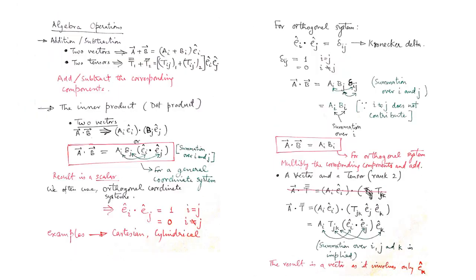Right. Now we move on to the various algebra operations. It's pretty straightforward: addition and subtraction. Addition and subtraction require both quantities to be of the same type. So both of them have to be vectors, or both of them have to be tensors of rank 2. Unless the two quantities are of the same type mathematically, they cannot be added or subtracted. Remember this.